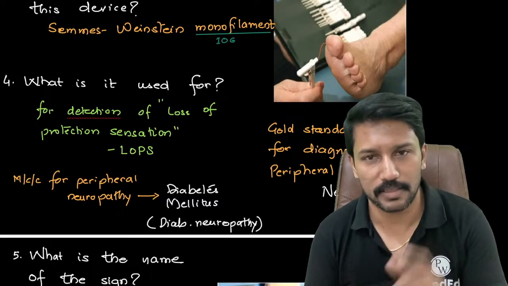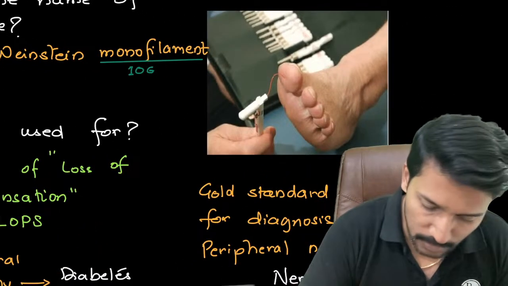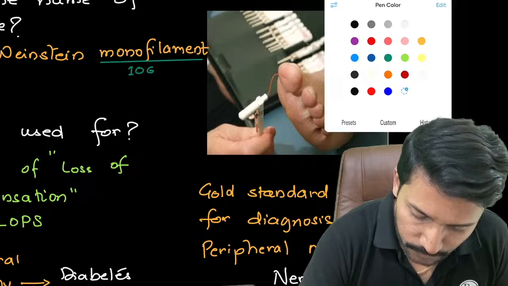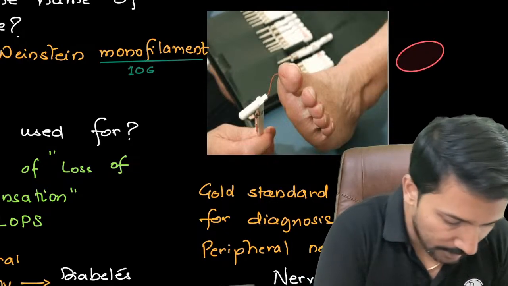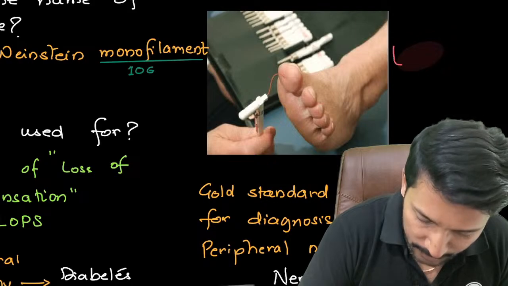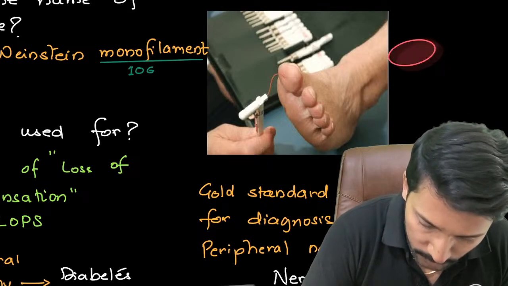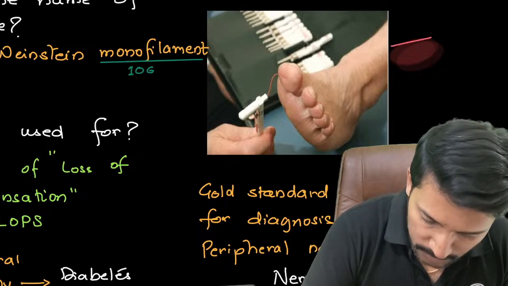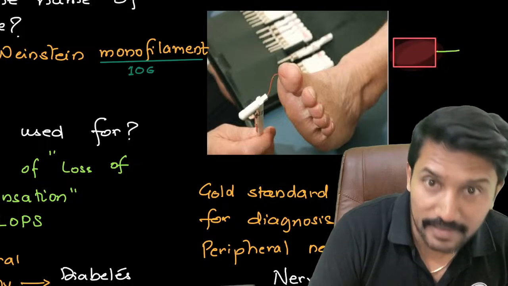LOPS has been asked. This image was given, not exactly the same image, but an image where a card was used. They had a card and the card had a filament at the end. So you can have different kinds of images that might appear in your exam. Just give me a second. And then there will be a filament at the end like this.